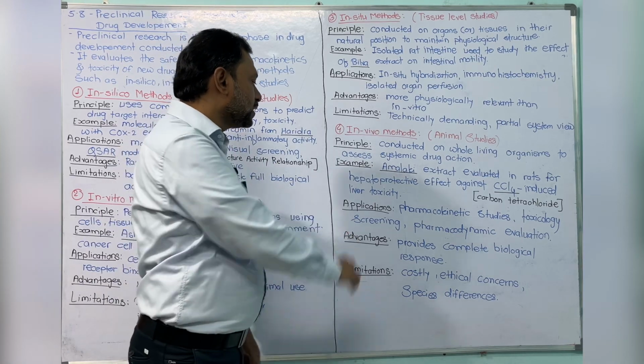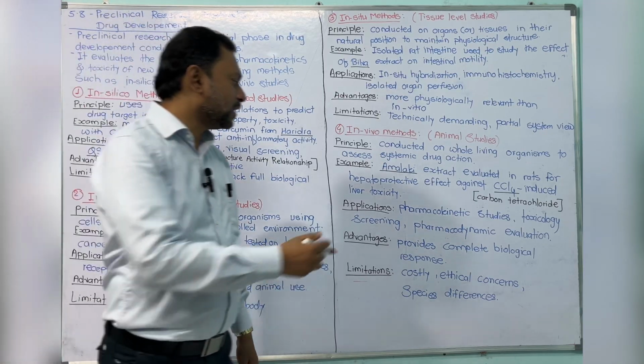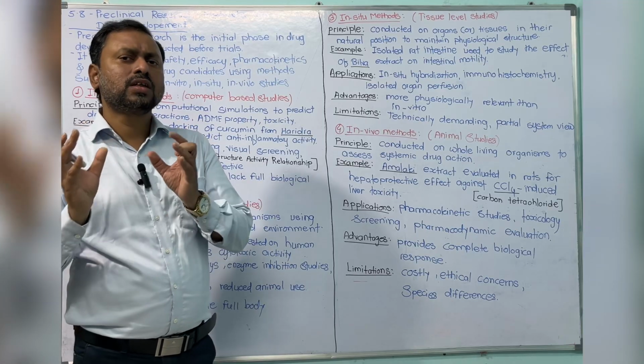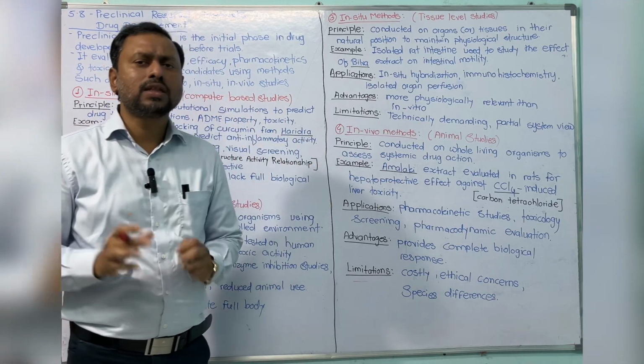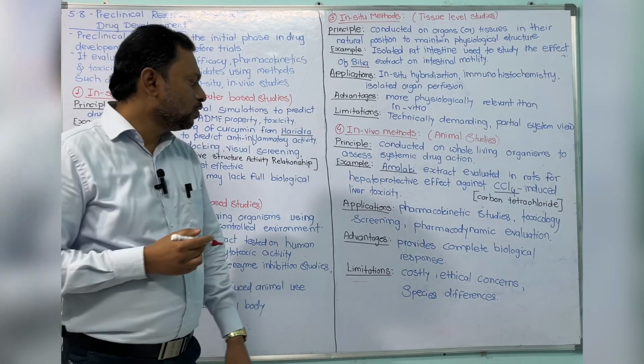Next is screening, whether the drug is safe or not. Next is pharmacodynamic evaluation. Pharmacodynamics means whether the drug is effective or not, which we also analyze using in vivo methods.